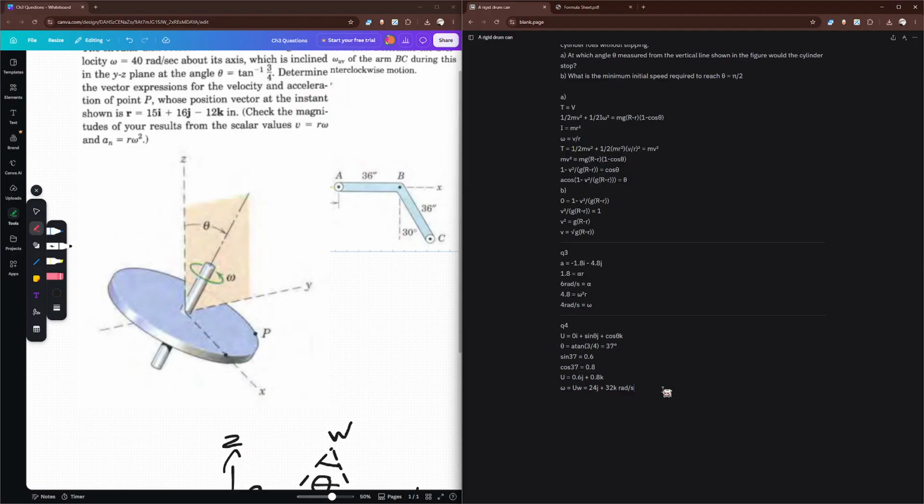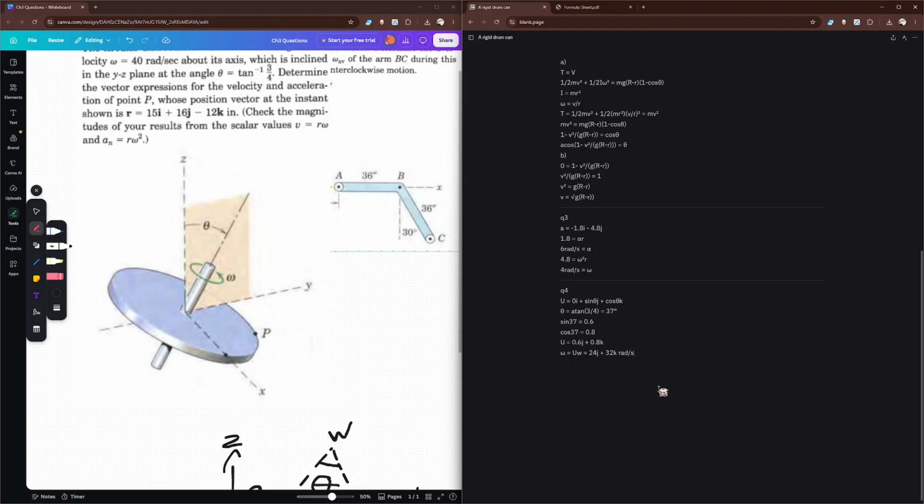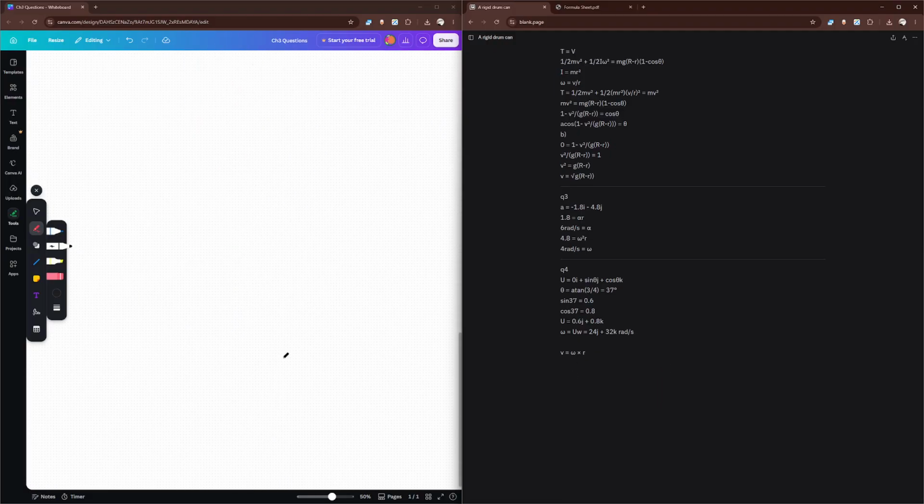So to get our velocity vector, we just have to do v is equal to omega cross r. And we have a position vector, which is what r is. So I'm going to write that out here, right?